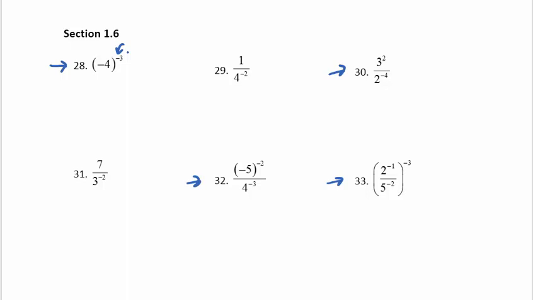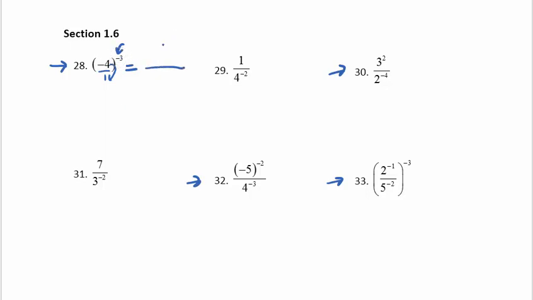So what I want to do first is rewrite this without the negative exponent. Remember, the negative exponent just means to take the reciprocal of our base, and our base here is -4. And I can think of that negative 4 as negative 4 over 1. So I want to take this negative 4 now, since it's being taken to a negative exponent, and move it to the denominator of my fraction, which will make this a positive exponent.